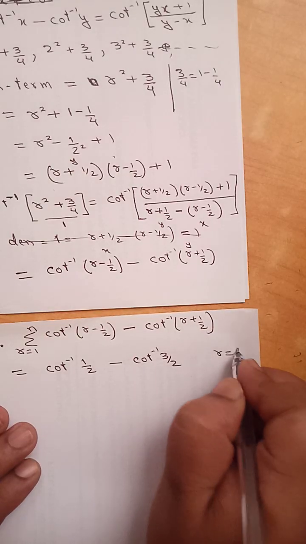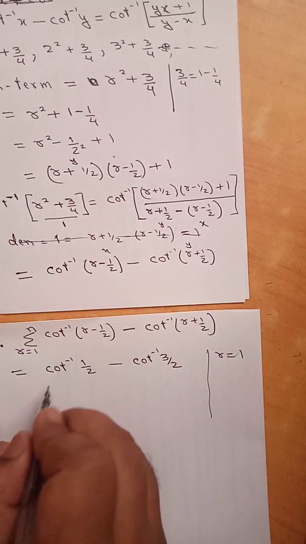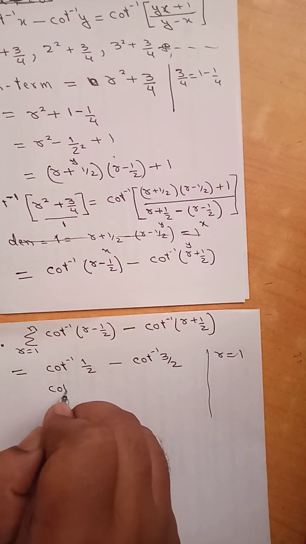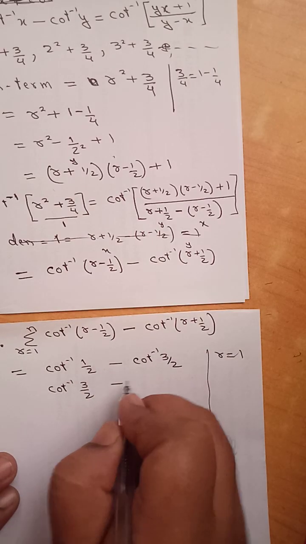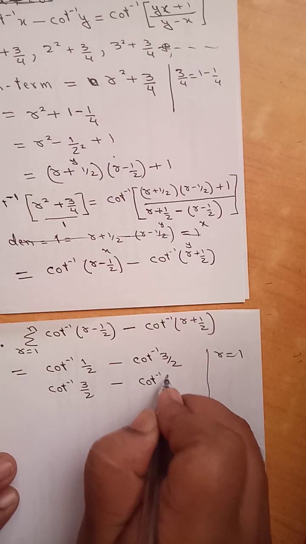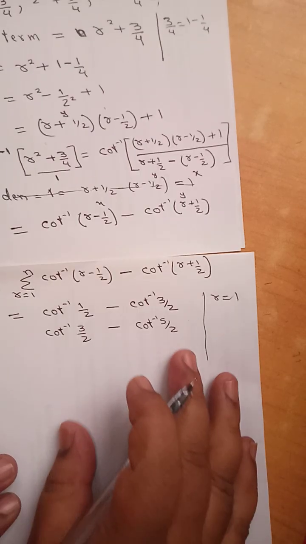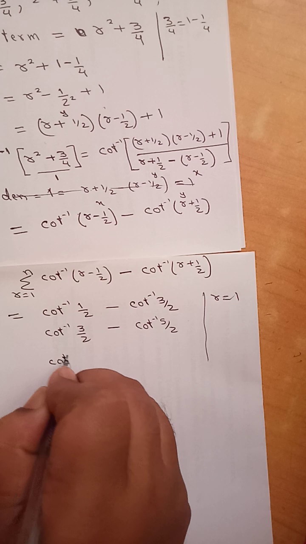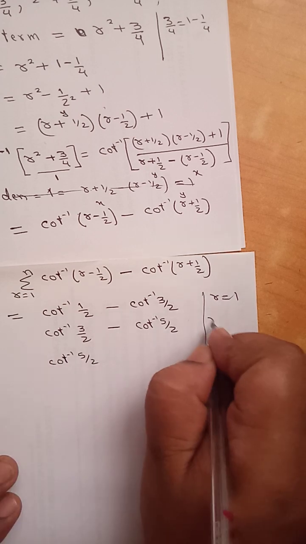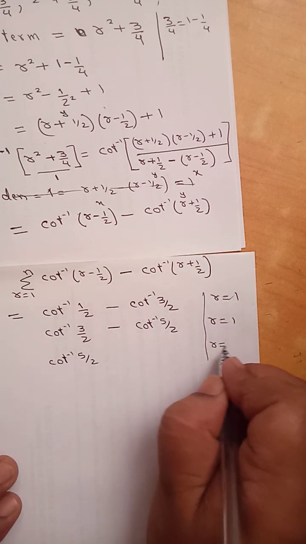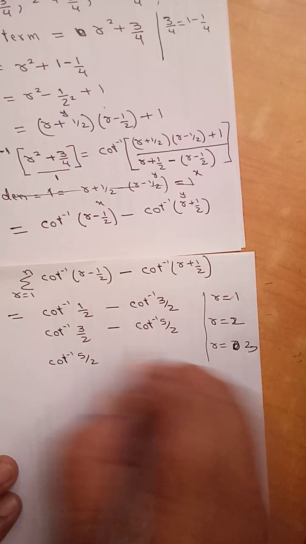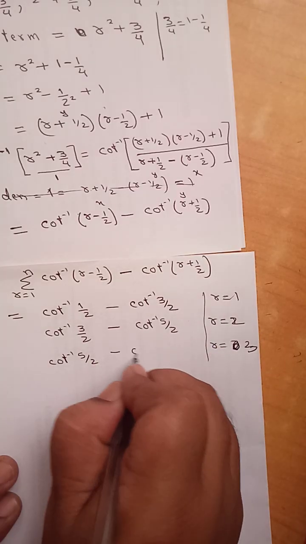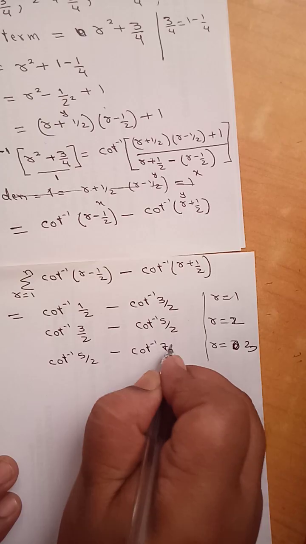For r equal to 2: cot inverse of 3 by 2 minus cot inverse of 5 by 2. For r equal to 3: cot inverse of 5 by 2 minus cot inverse of 7 by 2.